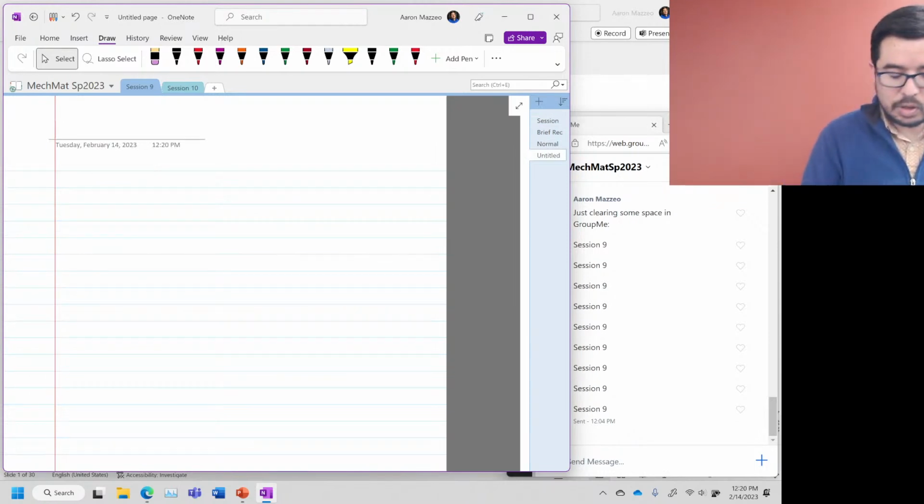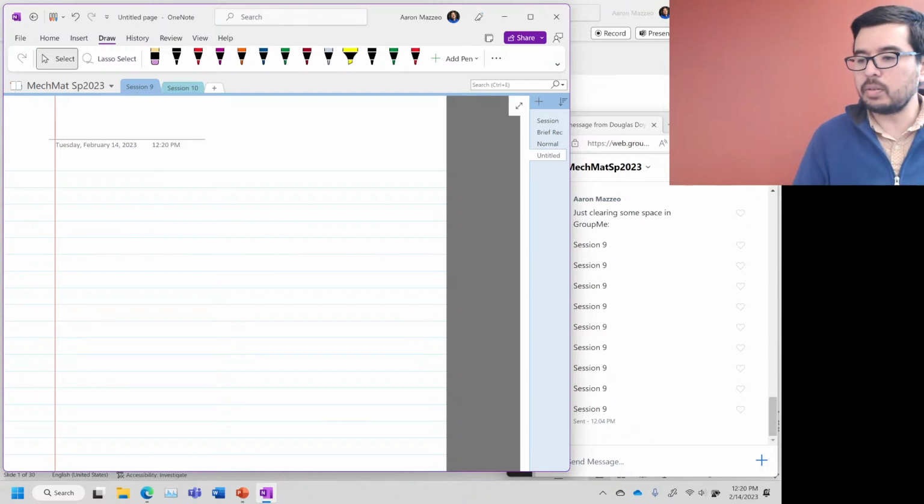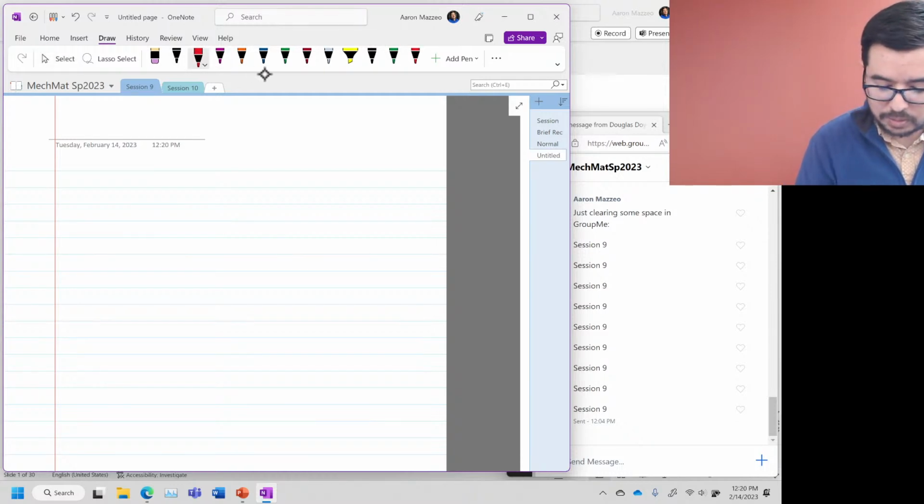So first, let's go back and look at shear, okay? Let's just talk about the shearing of a material element.